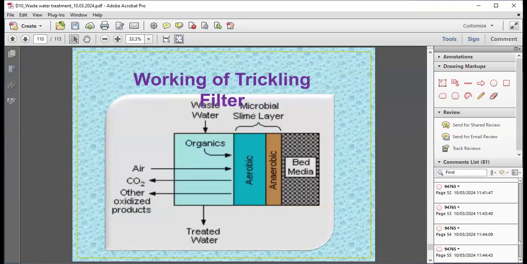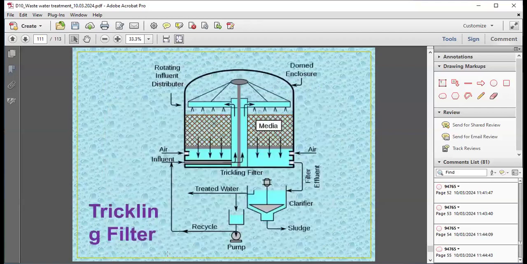Working of trickling filter: wastewater, microbial slime layer. You can understand the aerobic and anaerobic conditions in the wet media. The trickling filter system: the rotating distributor, influent, domed enclosure, media, air, treated water, and this is a recycle pump.